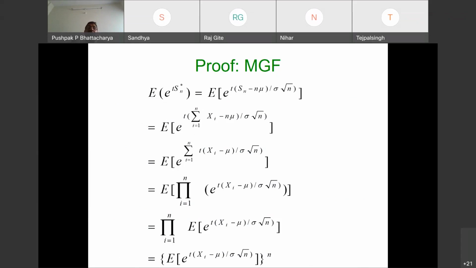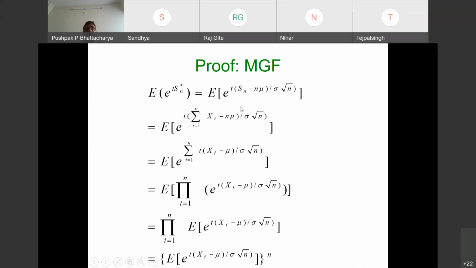The multiplication by probability density function or probability mass function and taking summation or integration is equivalent to taking the expectation of e to the power t multiplied by the random variable. So given a random variable, we can always compute its expectation, and we can also compute the expectation of e to the power t into that random variable.